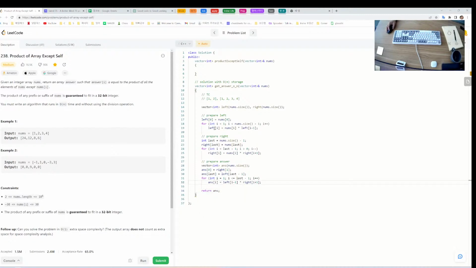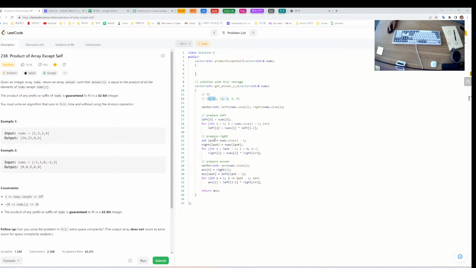So let's make sure that this works. Here left is 1, and the size is 2, so this will be skipped.